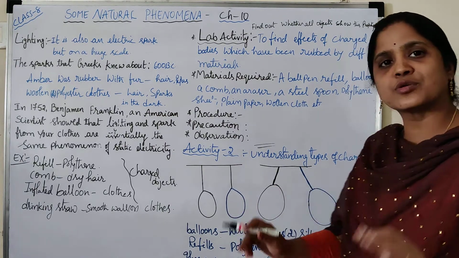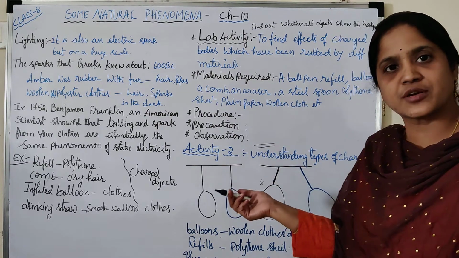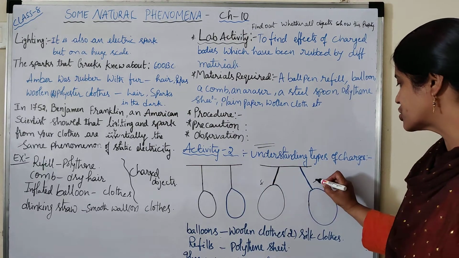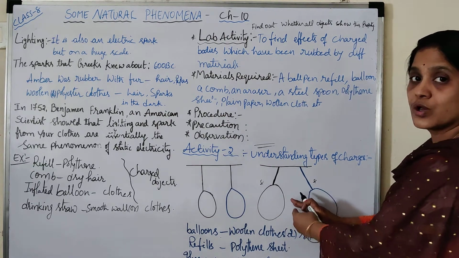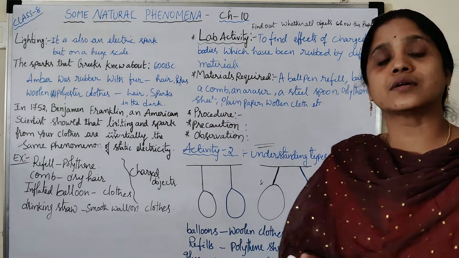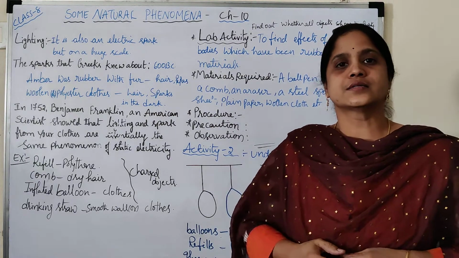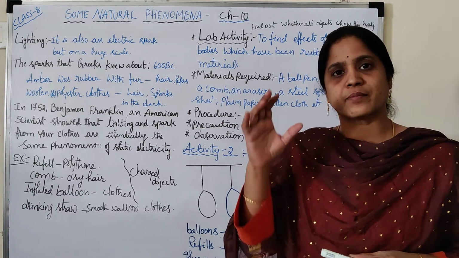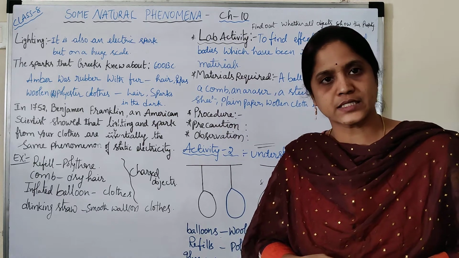Suppose we have two types of charges. One is positive, another one is negative. So maybe these two both have positive charges. In magnets, you have learned that a magnet has two poles, north and south. The same poles repel each other and unlike poles attract each other.